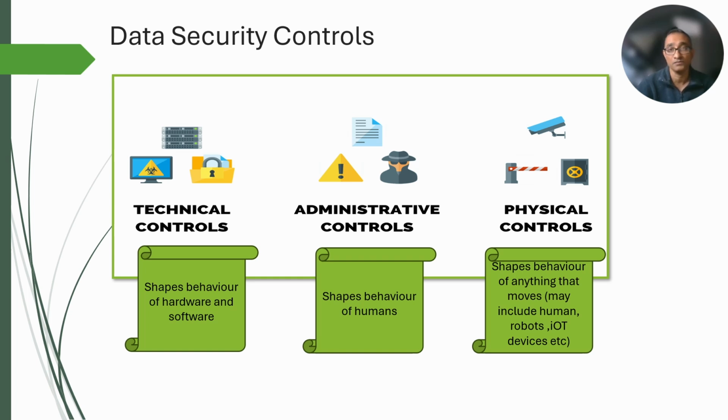Technical controls are the ones which dominantly shape the behavior of the hardware or the software, the compute capabilities that are processing the data. So for example, do you have leaky software? By leaky, I mean that it is outputting values which it's not supposed to. Consider, for example, an API which is only supposed to provide output as a couple of attributes, but what if the output comes out to be more than a couple of attributes, which is not intended for the functioning of the API.